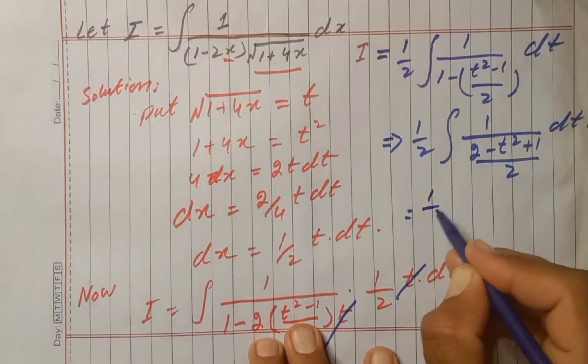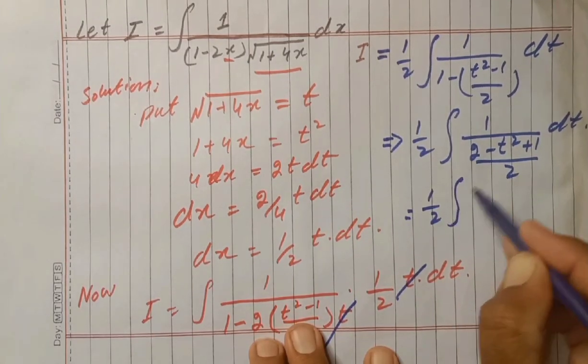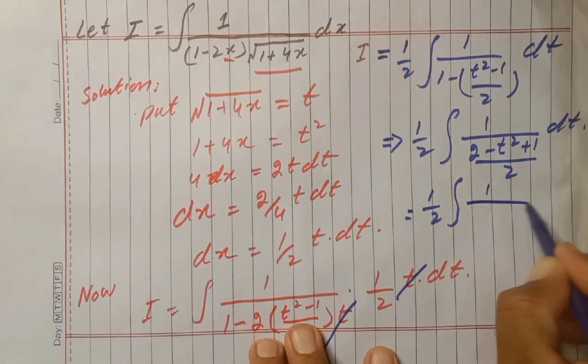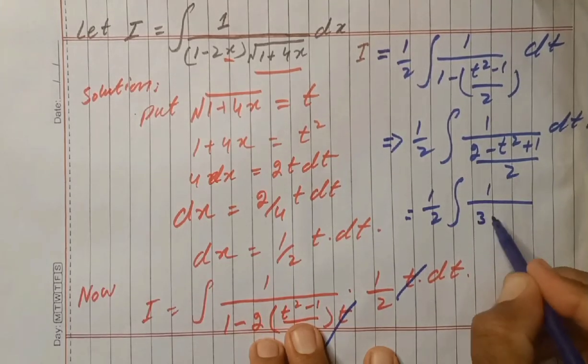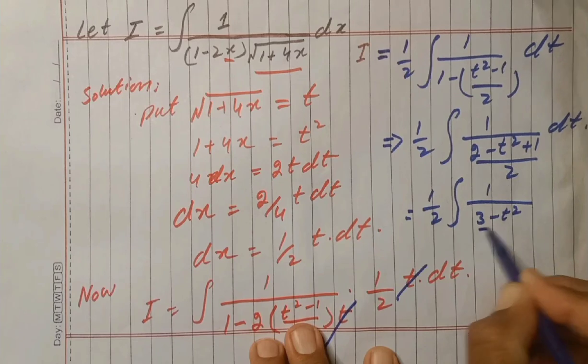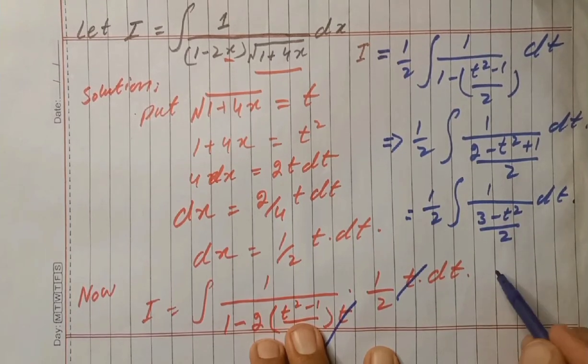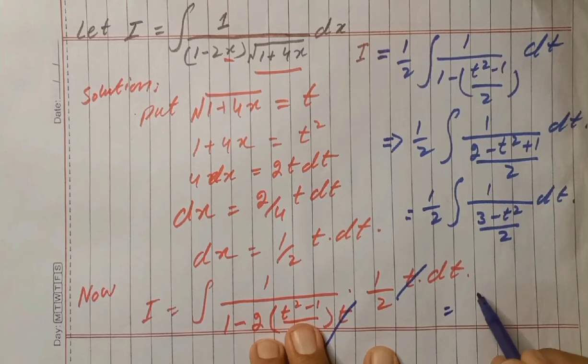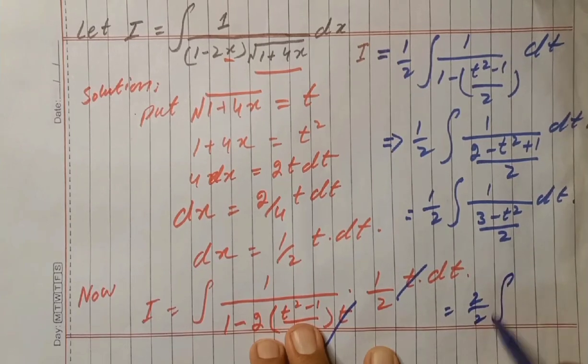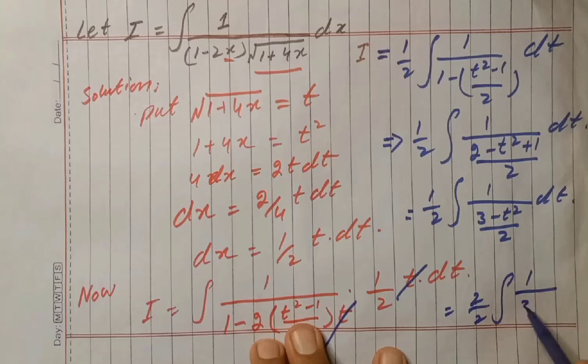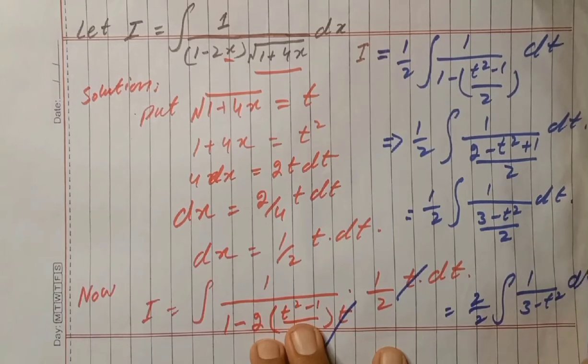So next, 1 over 2 integral of 1 over (3 minus t squared) over 2 dt. Next, 2 over 2 integral of 1 over 3 minus t squared dt.